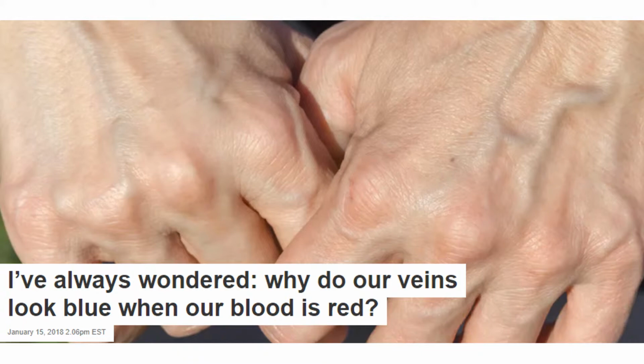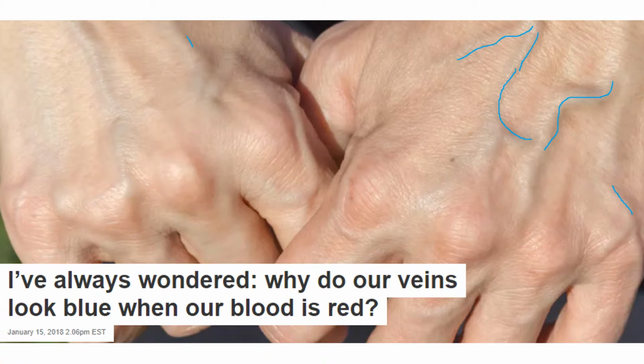All right, so someone may have wondered, why do our veins look blue, as you see here? There's a myth that I want to dispel. The myth is that blood, when it's low in oxygen or deoxygenated, is blue in color.